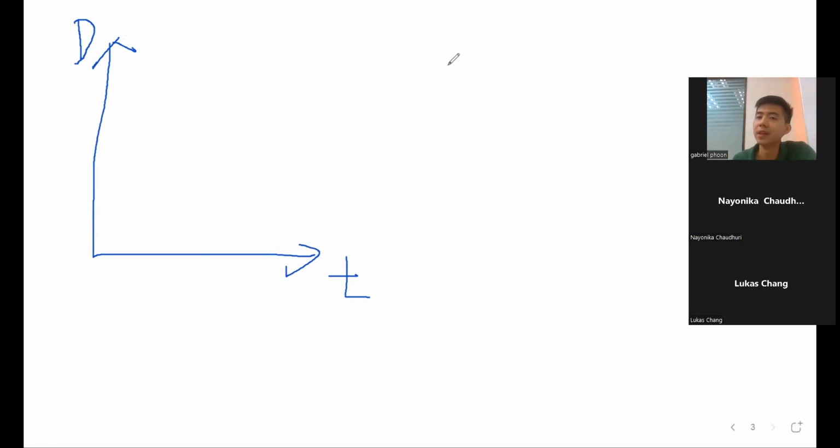What are the two things that we look at in the graph again, Lucas? Starts with a G. Good, it is the gradient. And the second one starts with an A. Area under the graph.